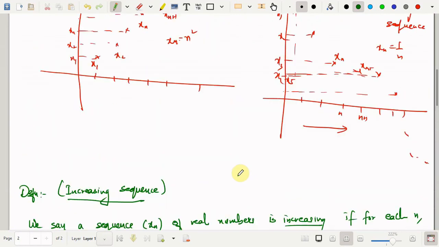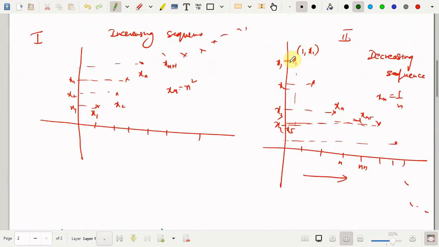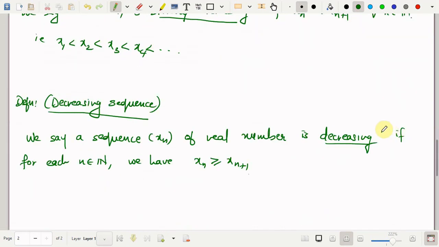Just look at this: x1 is greater than or equal to x2, which is greater than or equal to x3, and it goes on. Okay, so this is happening for each n. So we have written here for each n.